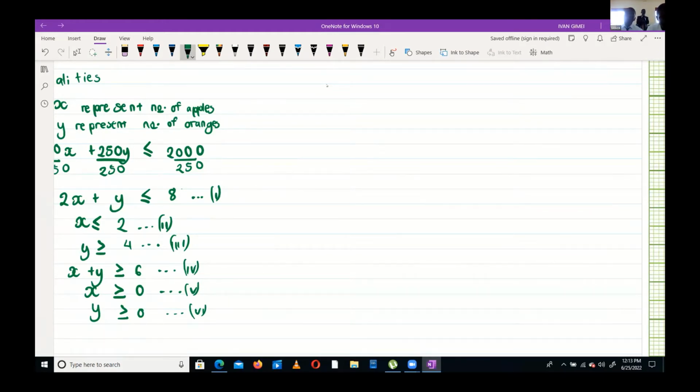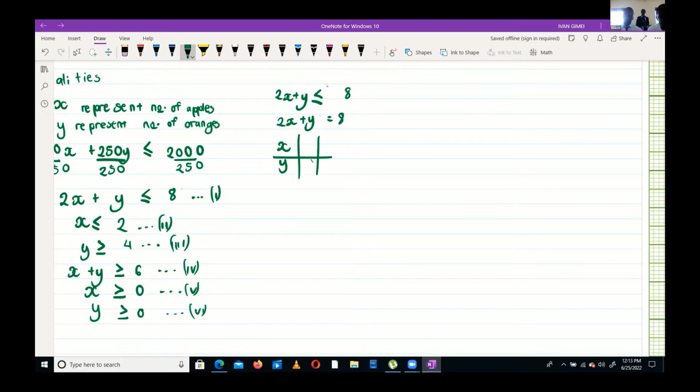So from the first one, 2x plus y is less than or equal to 8. This one we shall change to 2x plus y is equal to 8. And from this, we can get values of x and values of y.